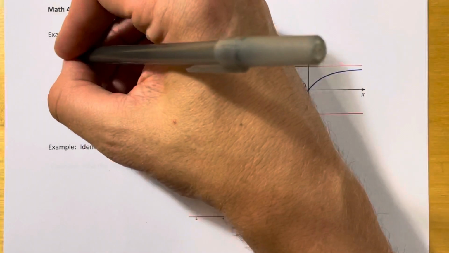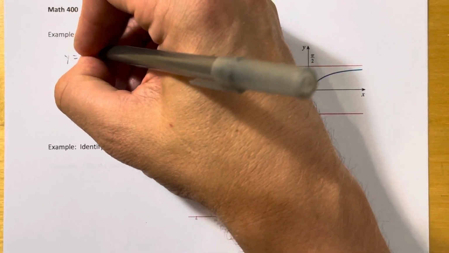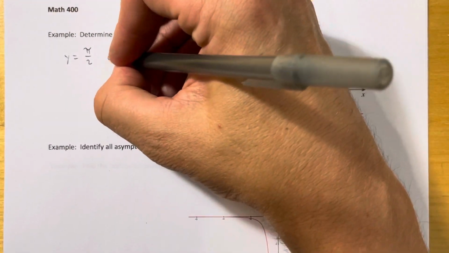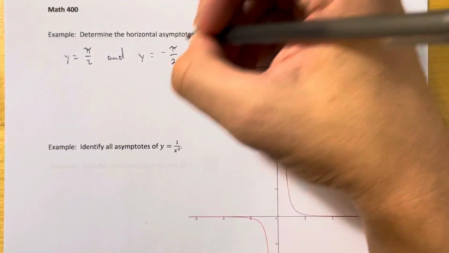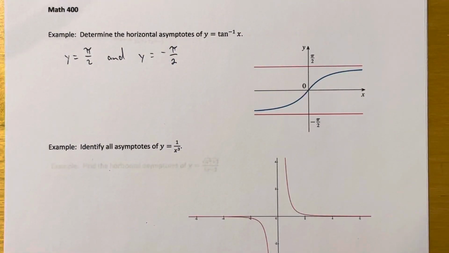So those would be the horizontal asymptotes: y equals pi over 2, and y equals negative pi over 2. Okay? So this is an example of a function that has two different horizontal asymptotes because we're approaching something different as we go to the right compared to what we're approaching when we move to the left.